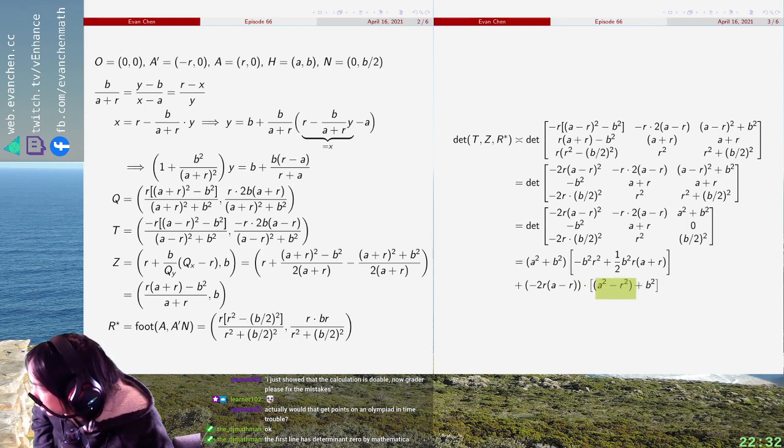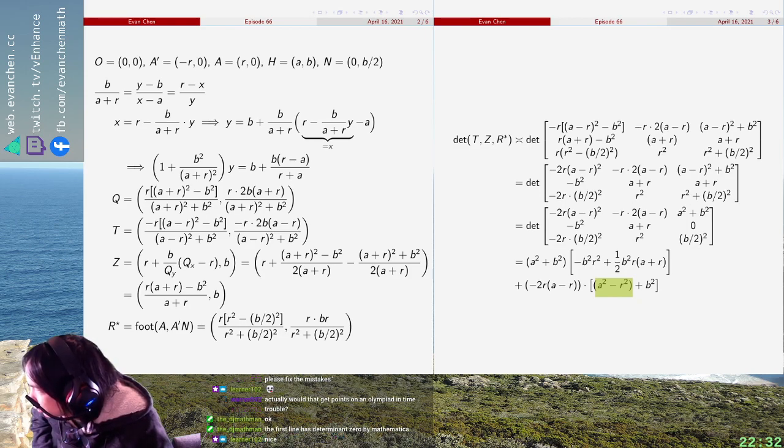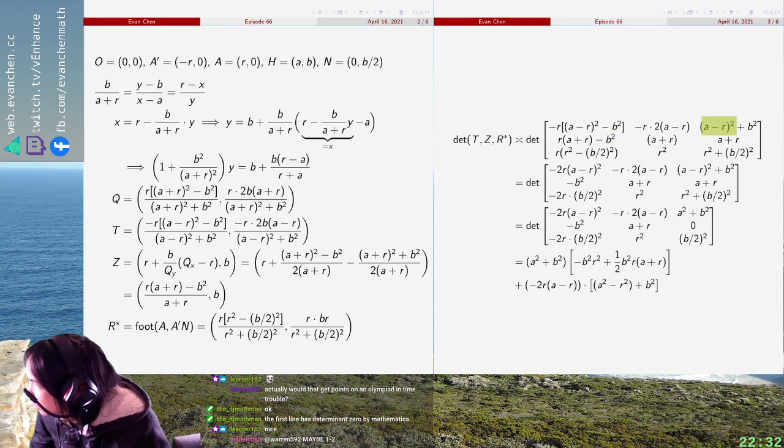So I somehow got an extra minus r squared that I shouldn't have gotten. One of these terms is corrupted by a little bit. It's probably the top one, honestly. What did we subtract in the first go? We subtracted the r times this column, right? So when that happens, this b squared goes away. Yes, it should be 2ra minus r squared.